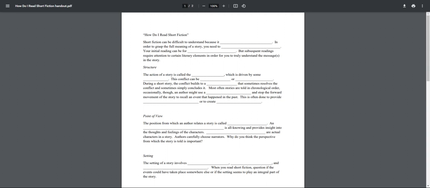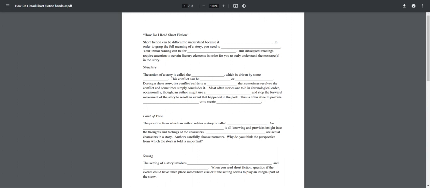But oftentimes, an author might use a flashback, which stops the forward movement of the story to recall something that happened in the past. And this is often done to provide perhaps necessary background information that the reader might need to make sense of the story, or just to create suspense.